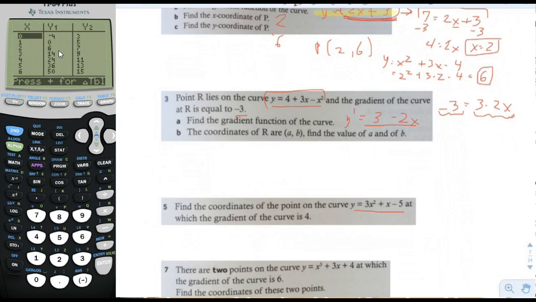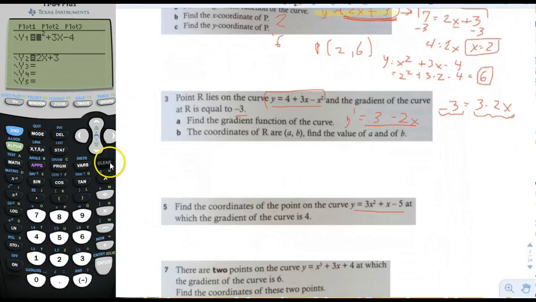Okay, so you can do this with algebra, as you can see, or we're going to put it in the calculator. In the calculator, I think it always helps to put both functions in, and then you have to keep them straight. I like to put the original function in 1 and the gradient function in 2 because it's easier to keep track of.